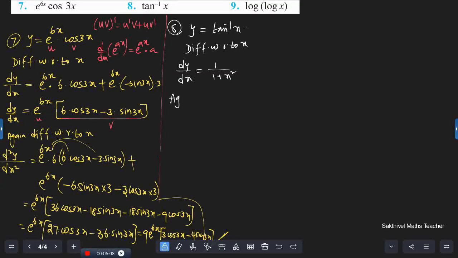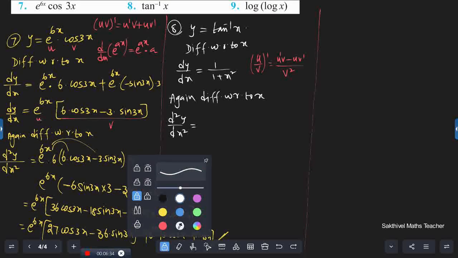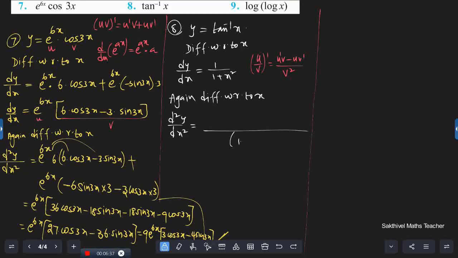Again, if you differentiate with respect to x on both sides, you will be getting d square y divided by dx square equal to, we have to use the u divided by v quotient rule formula: v square in the denominator, and in the numerator u dash v minus u v dash. This is the formula I'm going to use. So the denominator is 1 plus x square whole square.